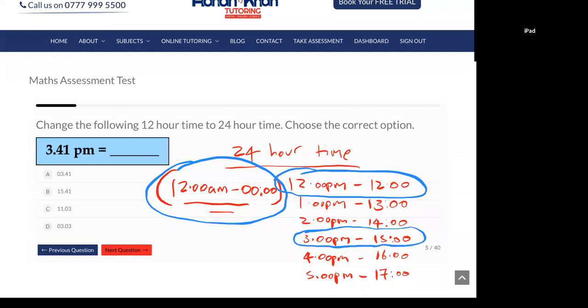Yep, 1500 hours. And then if you look at our question here, which is 3:41, what will that turn into then? 1541. Well done. It will turn into 1541. Excellent. Thank you for that, Emily. So 1541, and we'll go for our option, which is B in this case.